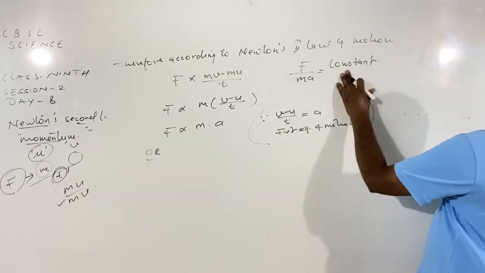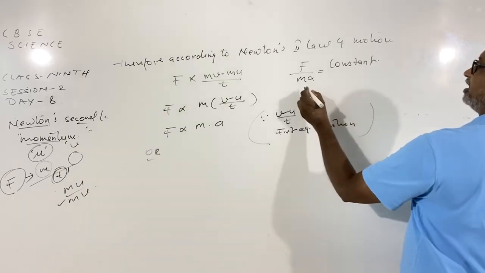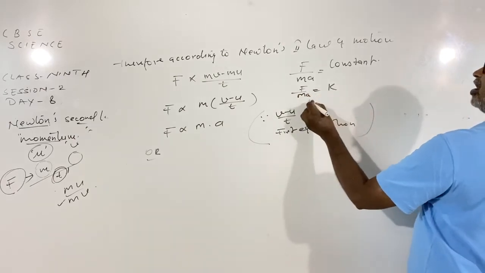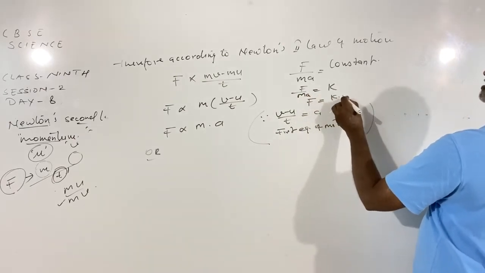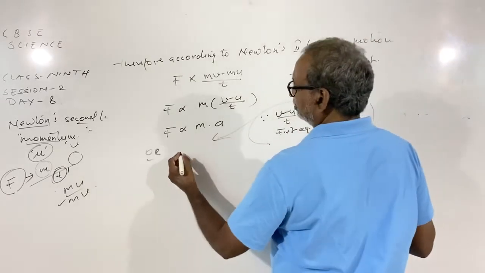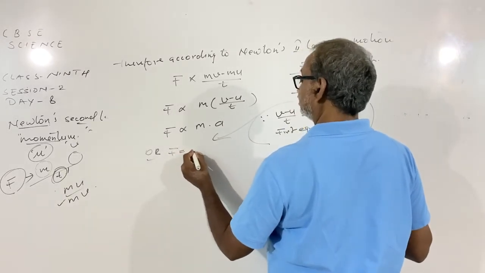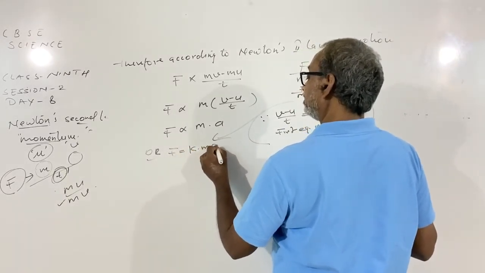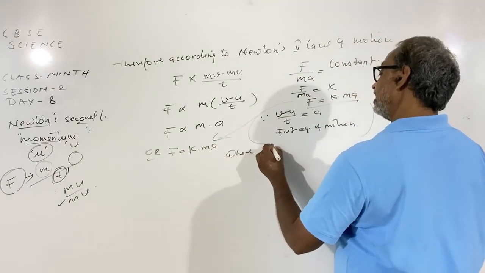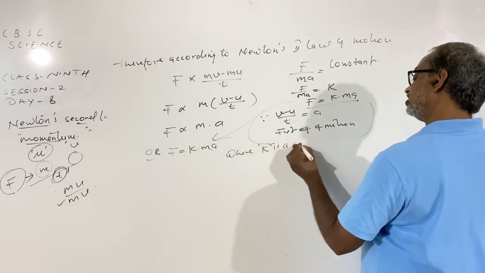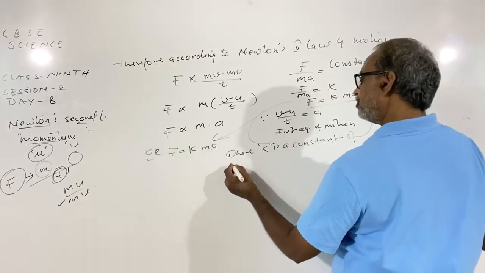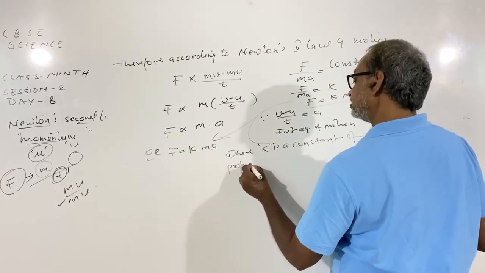In physics, this constant is represented by K. Therefore, F over ma is equal to K, or F is equal to K into ma. Therefore, F is equal to K into m into a. What is this K? K is a constant of proportionality.